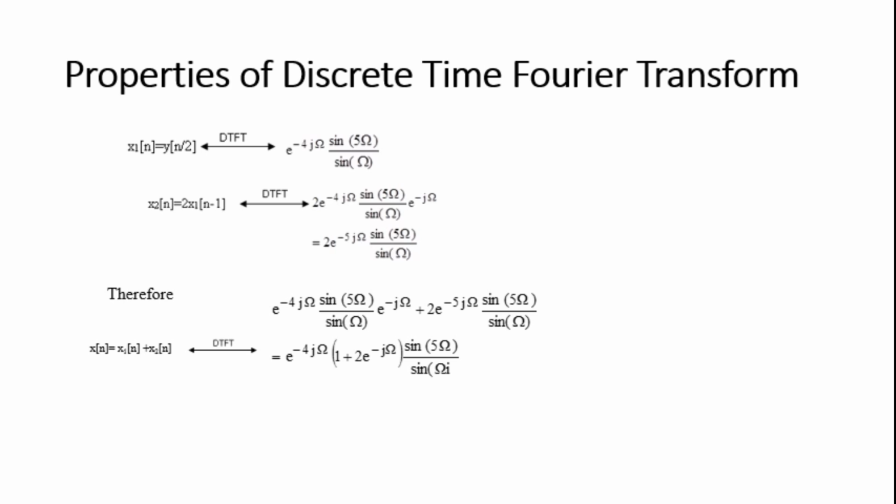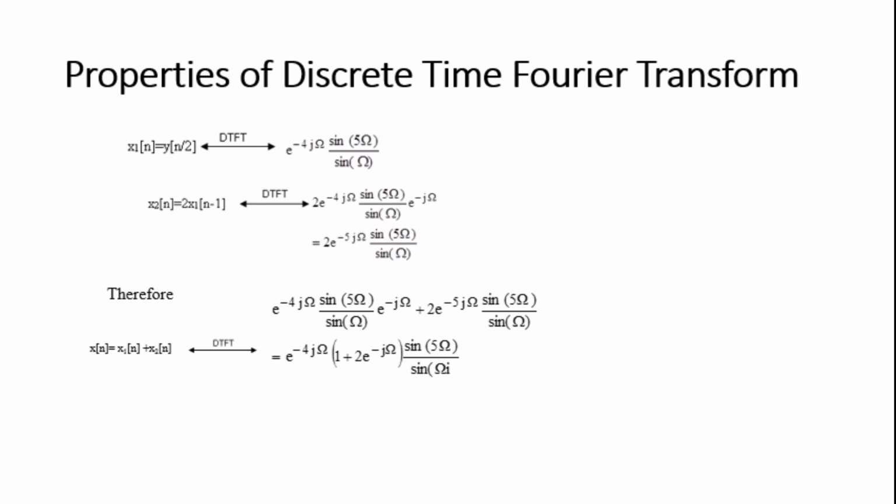Therefore, e power minus 4 j omega into sine of 5 omega divided by sine omega into e power minus j omega plus 2 into e power minus 5 j omega into sine of 5 omega divided by sine omega.